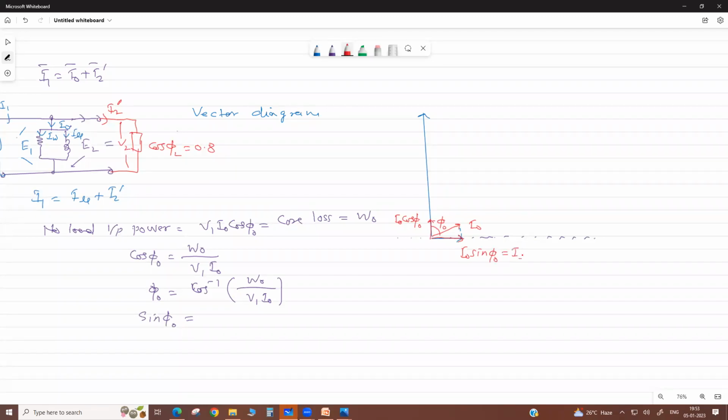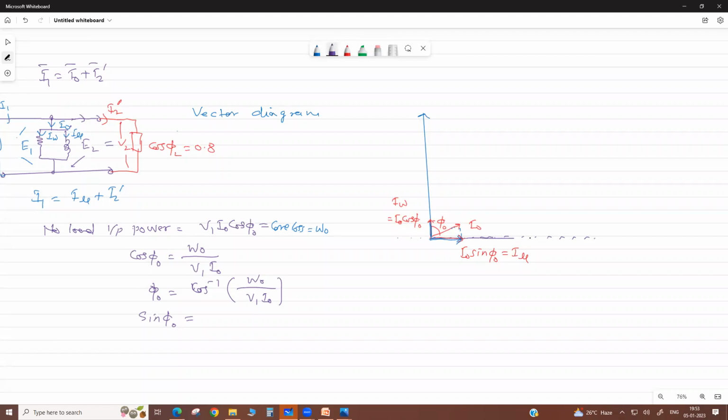It means this is I omega, the core loss component, and this is I mu. Do you understand this? These are the two components of the no load current.